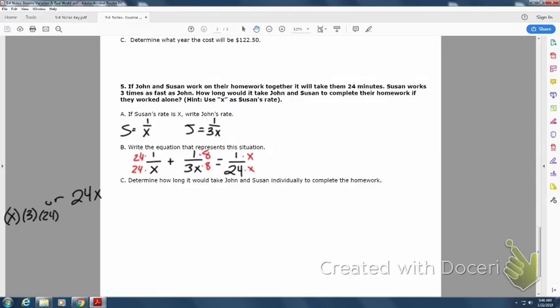The nice part of this kind of problem where it compares the rate of 2 people, it doesn't really give you the actual time. It's kind of hard to put together, but once you get it put together, at the very end, it's easy because usually you won't have to actually move stuff around.